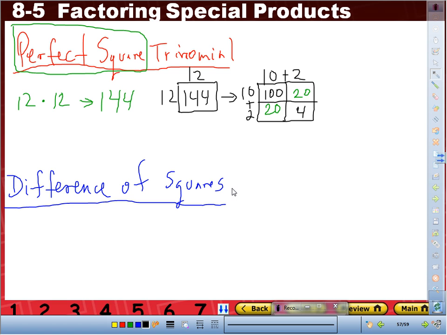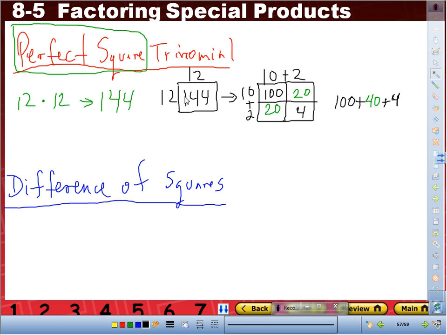Now check this out. Let me show you what a perfect square trinomial is. 100 plus 20 plus 20, that's 40, plus 4. Now, here I'm using numbers. Aren't all these coming from here? And what was this original number? 144, right?